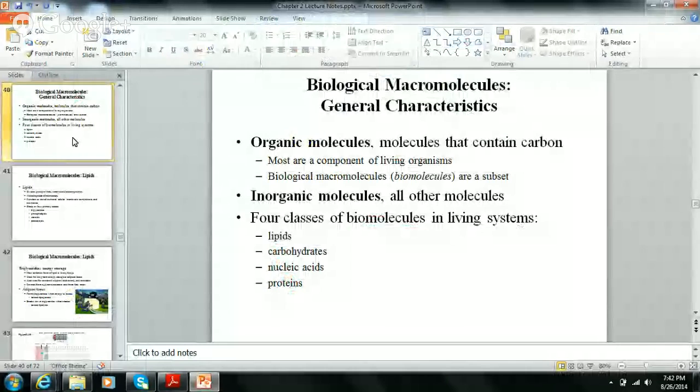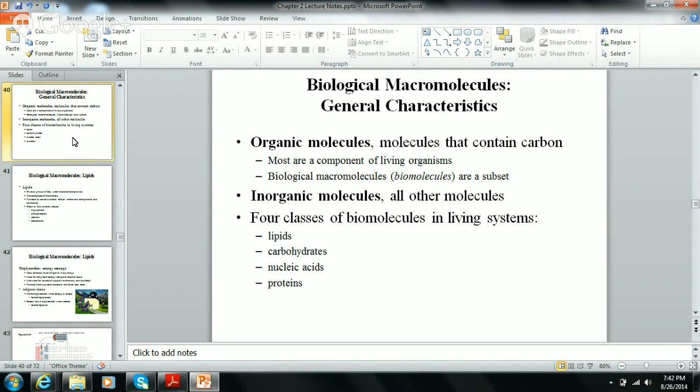So let's talk about this. Biological macromolecules, general characteristics about the four groups, four classes of organic molecules. One of the major differences between an organic molecule and an inorganic molecule is that an organic molecule contains carbon. When I was in school, they taught us that organic molecules contain carbon and hydrogen, but that an inorganic molecule cannot contain both.